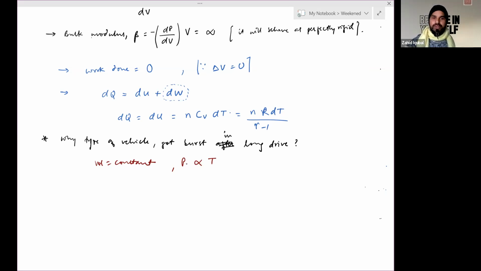So if you are going for a long drive, the pressure will become so large it will be capable of bursting that particular tire. To overcome this, we use a different gas filled in the tire, which takes longer to get heated and to increase its pressure. So we generally use nitrogen gas for long driving.